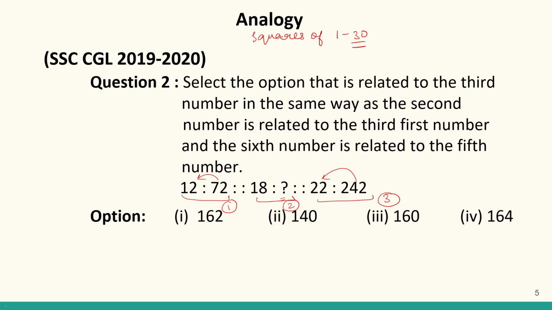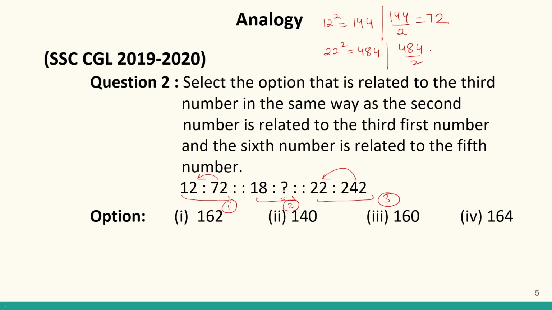So in this question, the logic used is very simple. If you know 12 square is 144, and if I divide 144 by 2, I'll get 72. Let us check if this is the same logic used in this also. So 22 square is 484. And if I divide 484 by 2, I'll get 242.